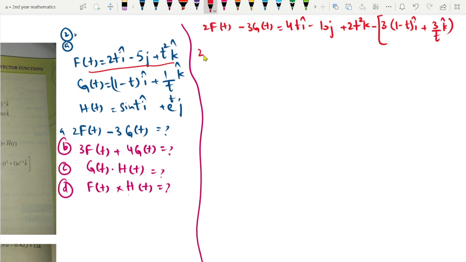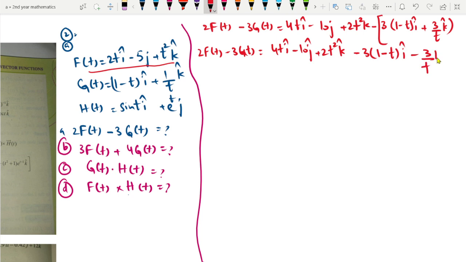Now f of t minus 3g of t will become 4ti minus 10j plus 2t square k, minus 3 into i, 1 plus t i, minus 3 divided by t k.